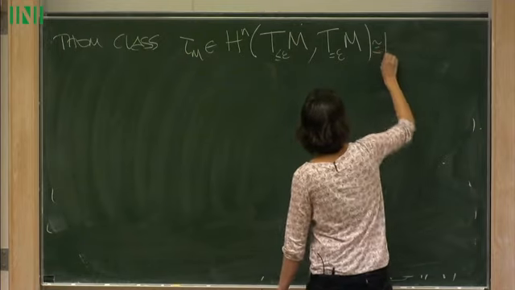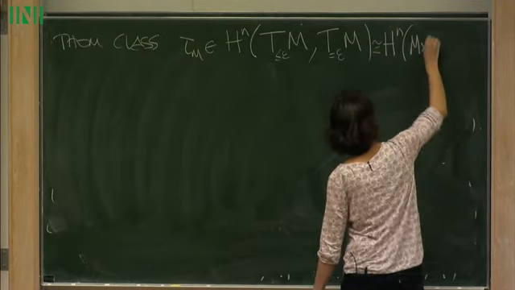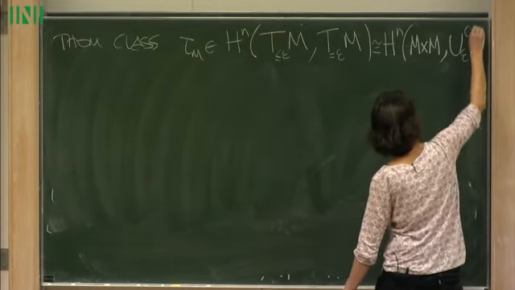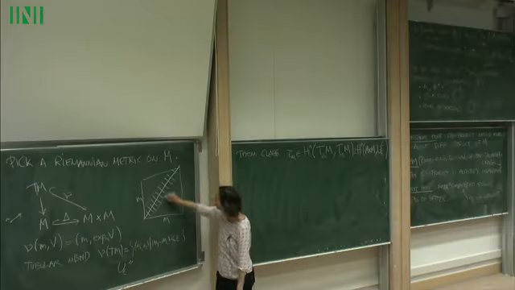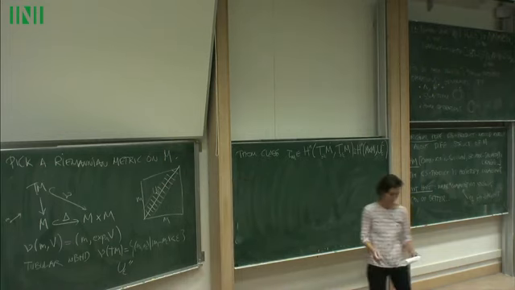But this is isomorphic to H_n of M cross M relative to the complement of this epsilon neighborhood. This is my U epsilon here, and I may as well look at it over here.